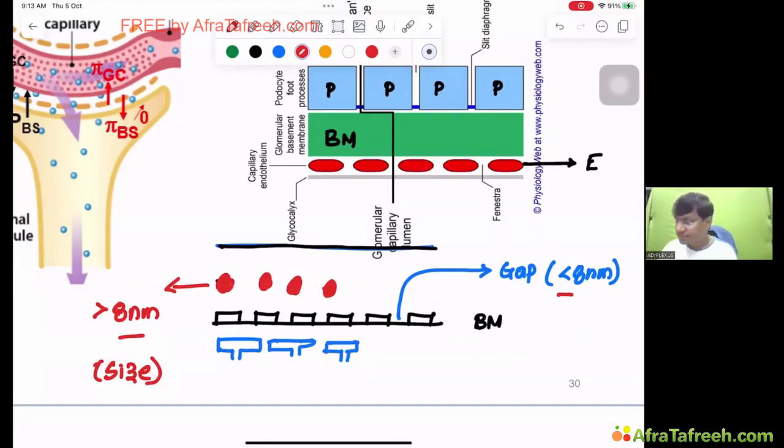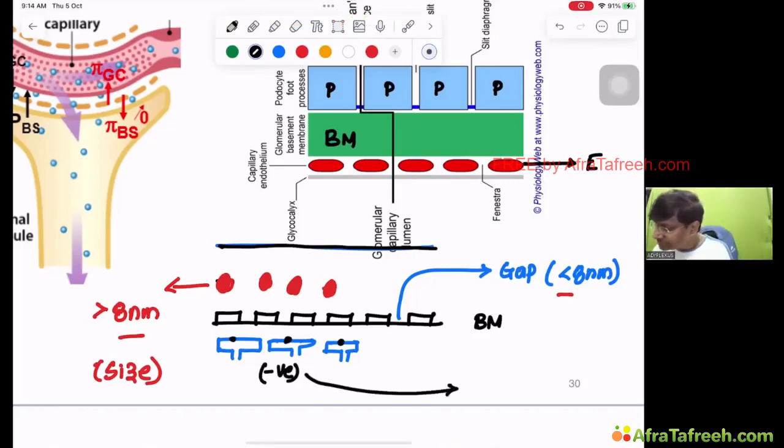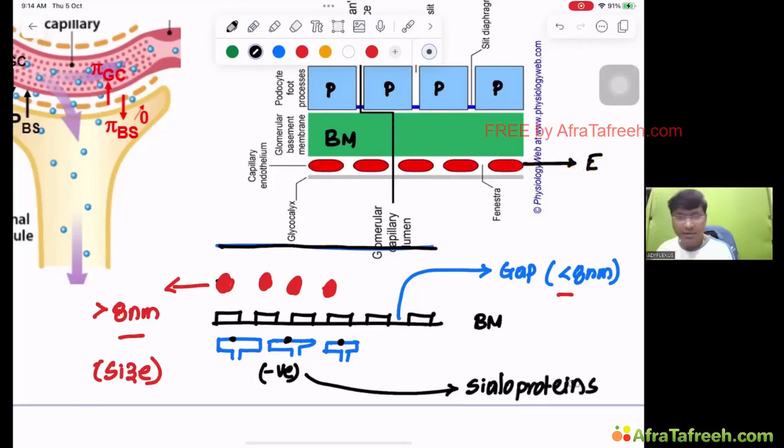That is one point. The second important point is, on these podocytes, you have negatively charged ions. Now, what are these negatively charged ions? These negatively charged ions are sialoproteins, right?